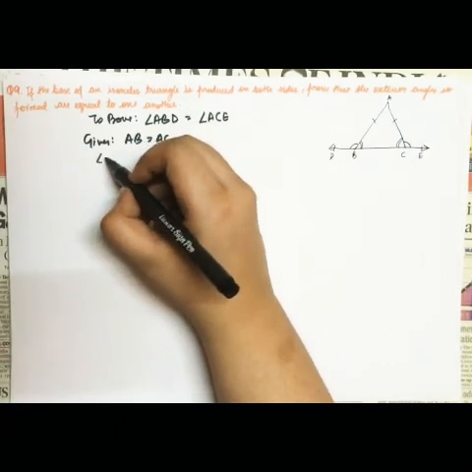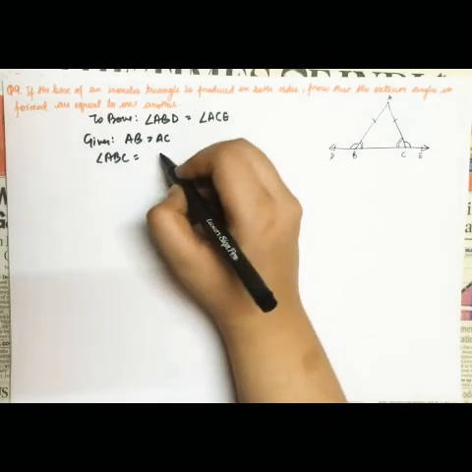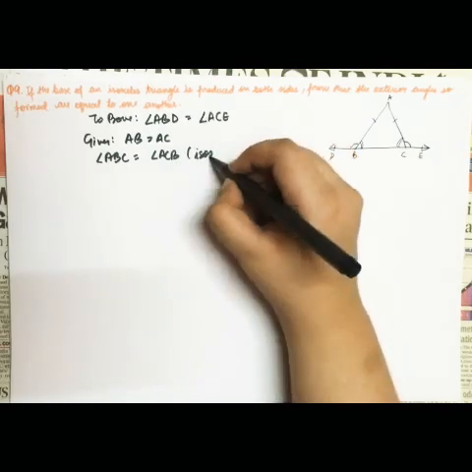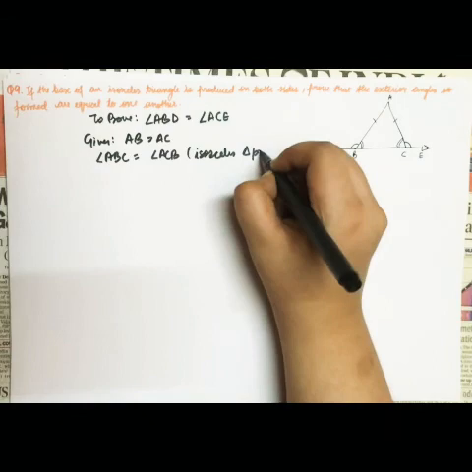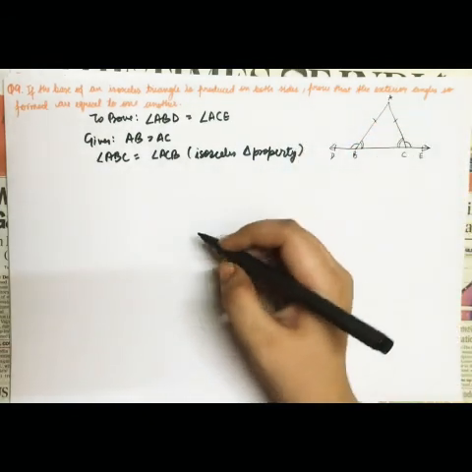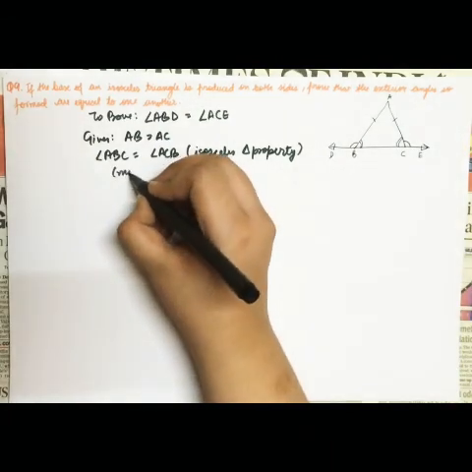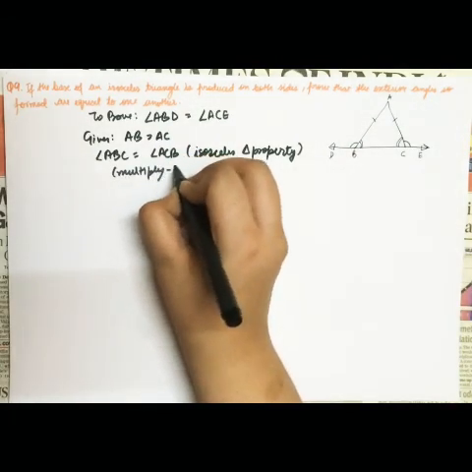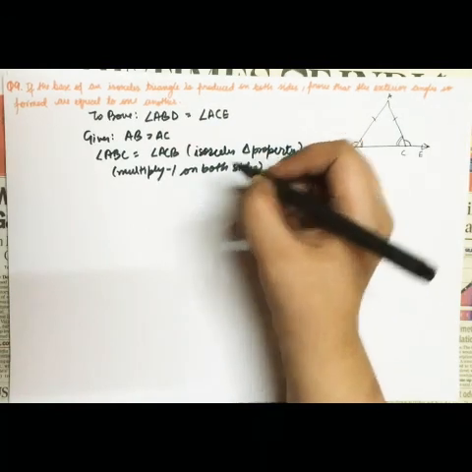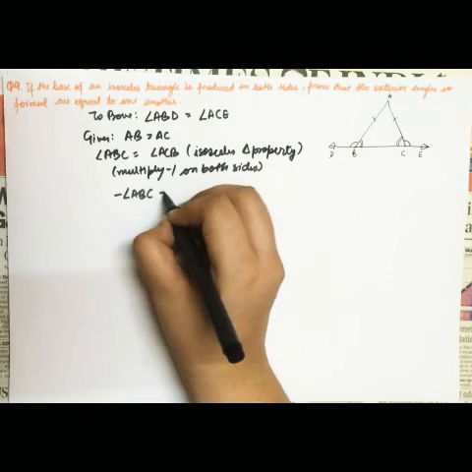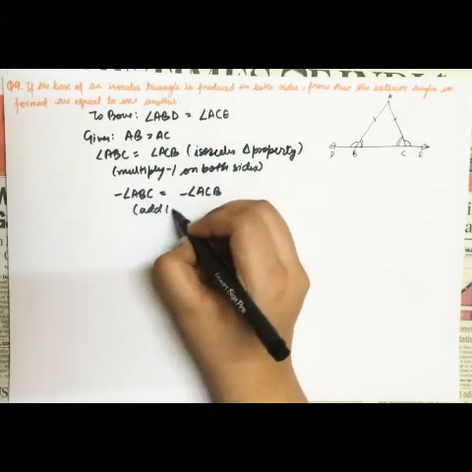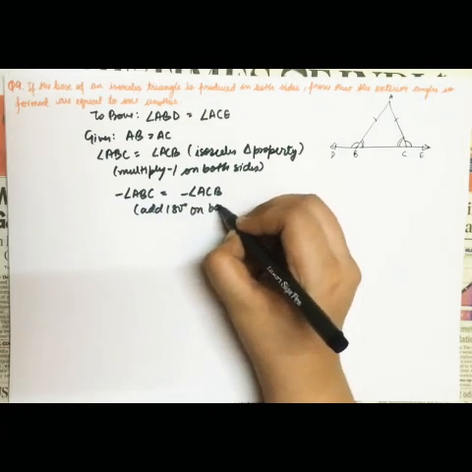Therefore we can say that angle ABC is equal to angle ACB because of isosceles triangle property. Now we will multiply -1 on both sides. So minus of angle ABC is equal to minus of angle ACB. Now we will add 180 degree on both sides.